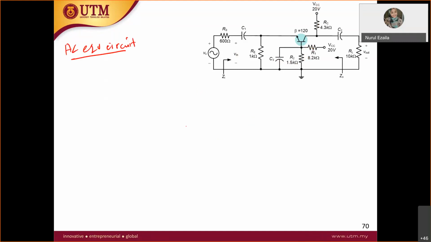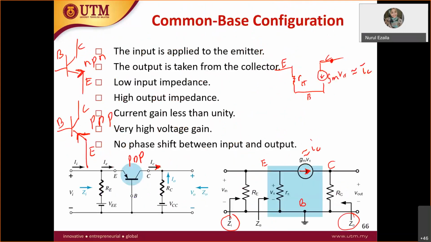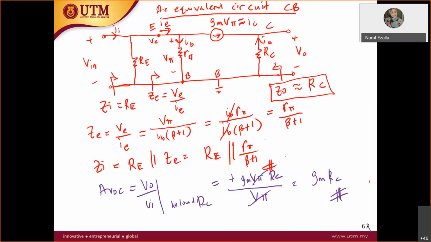AC equivalent circuit. So what happens is all capacitors are shorted. All the capacitors shorted, and then the voltage sources are all grounded. All right, so let's draw. Do not forget to draw everything, the box here, which includes the gm V pi and the r pi, the hybrid pi model.